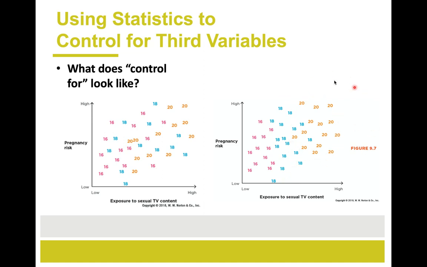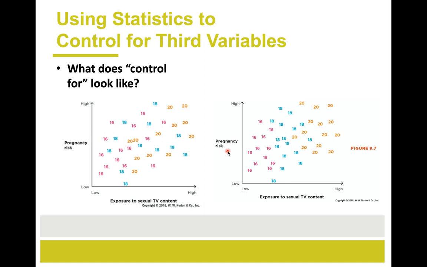And as a group, the 20-year-olds are the highest on both. 20-year-olds are more likely to get pregnant than 16-year-olds, and 20-year-olds are more likely to be exposed to sexual content. So the relationship between exposure to sexual content and pregnancy risk is simply a function of age. Age is the variable that's actually doing the causing here.